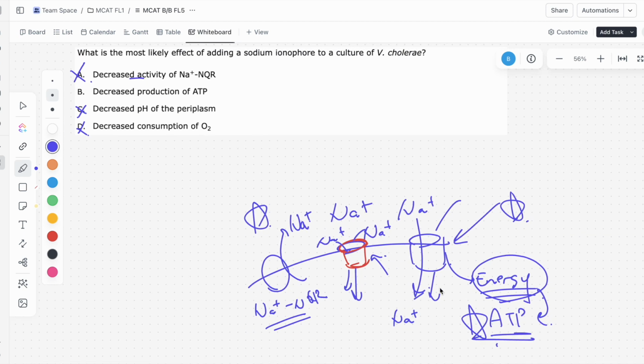So using those assumptions and the connections between this system and the proton motive force, the electron transport chain, and the ATP synthase in the human mitochondria, we can presume that with decreased amounts of Na plus flowing through this machine, because of this hole that allows the Na plus to go through, you're going to form less energy, which in turn means you're forming less ATP, making B the correct answer here.